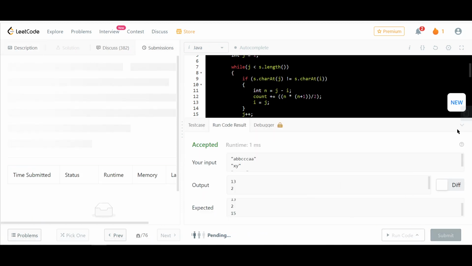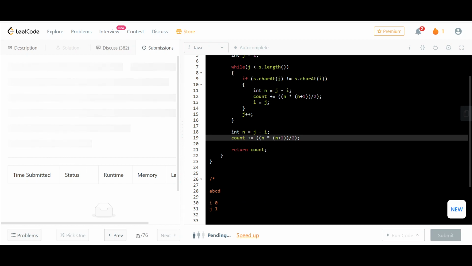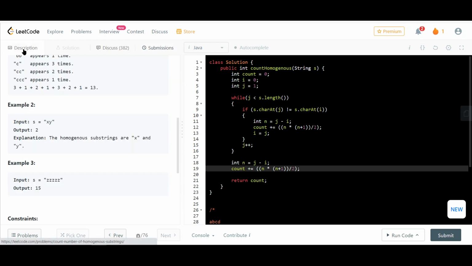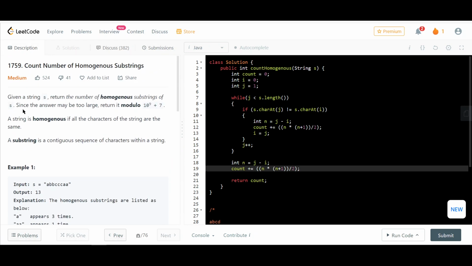Okay, now submit. All right, we get a wrong answer. Oh, okay, so there was another bit around the answer may be too large. Since the answer may be too large, return it modulo this.